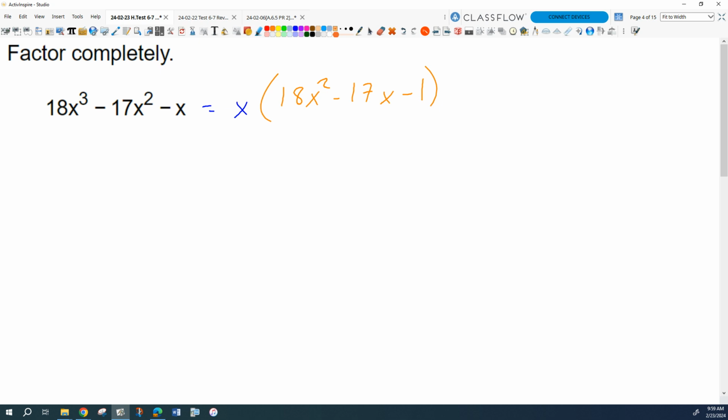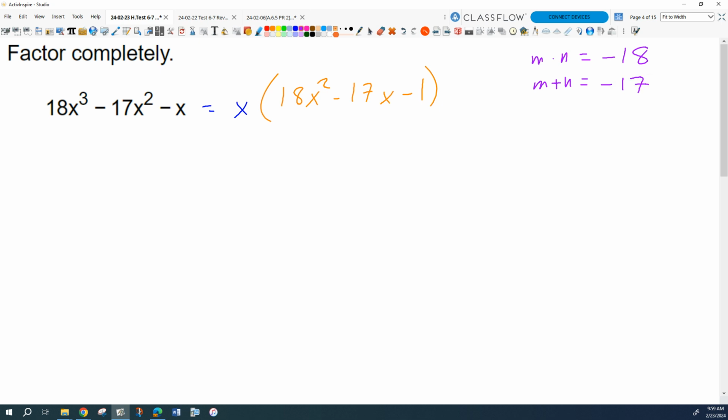But the expectation at this point is you have to be able to factor those, and there is value in being able to factor those. So how do we know? Magic numbers. What would the magic numbers have to do? Multiply to negative 18, multiply to the outside product, add to the inside number. It's just a trinomial.